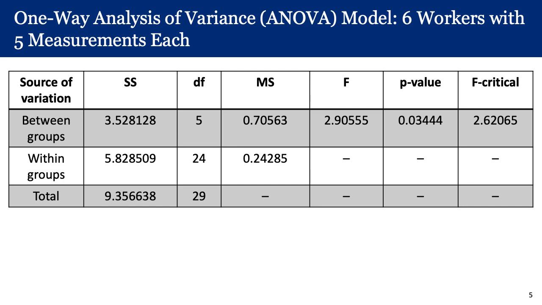We are at 0.034. And therefore, we can conclude that between worker, or what ANOVA terms as between group variability, is significant. Also, we notice that the F value calculated is greater than the critical F value. So both of these lead us to conclude that between group variability is significant.